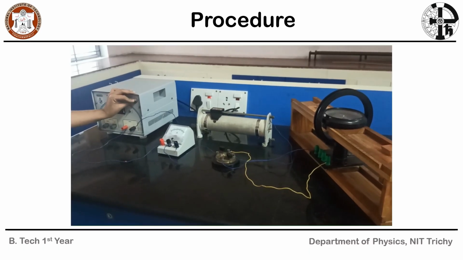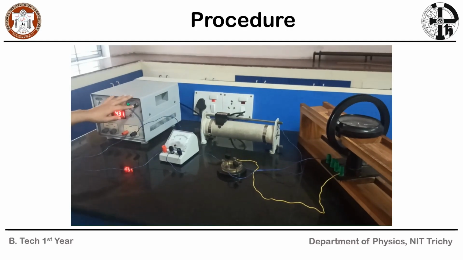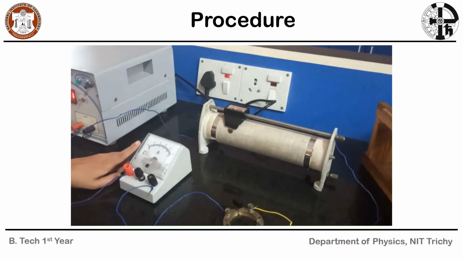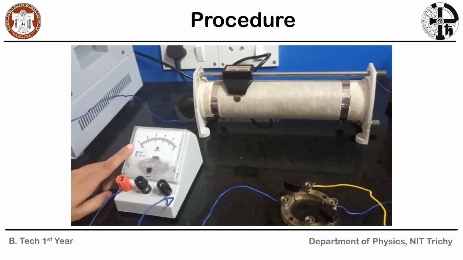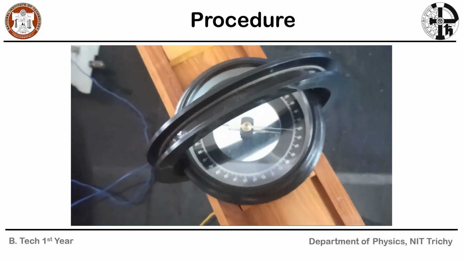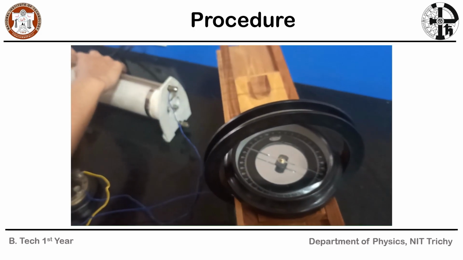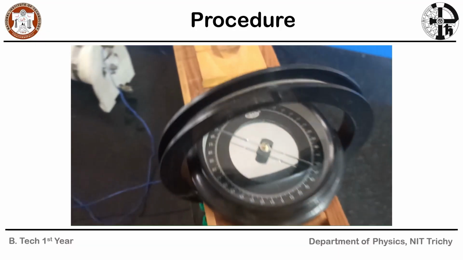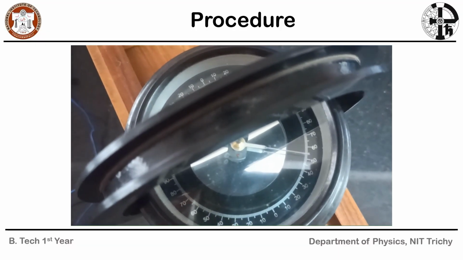Now, we switch on the power supply, and we make sure that there is a flow of current. After that, we will adjust the rheostat and make the deflection of the aluminum pointer between 30 and 60, and we will note down the current.